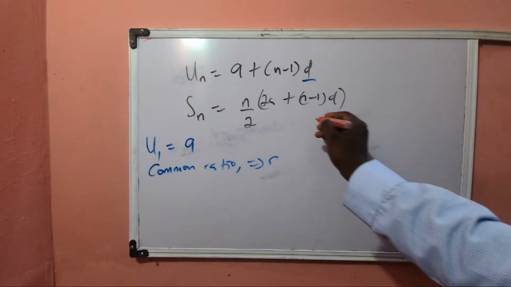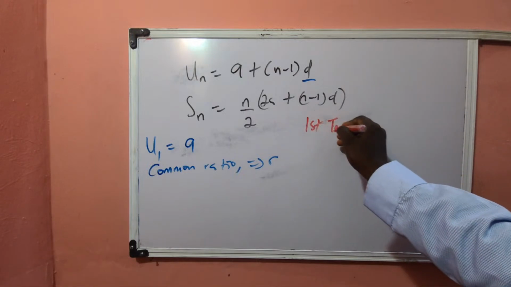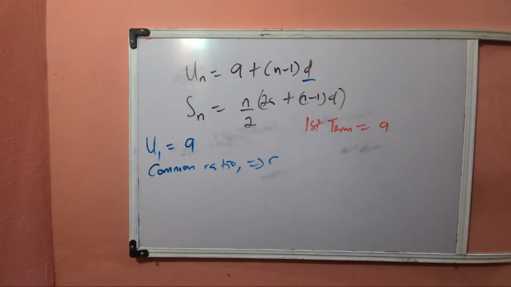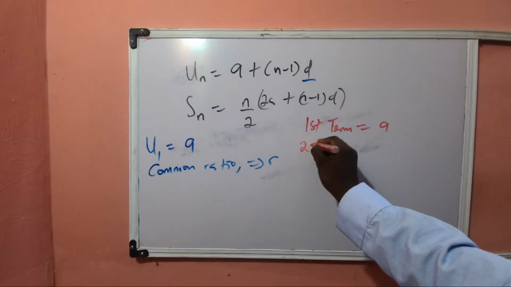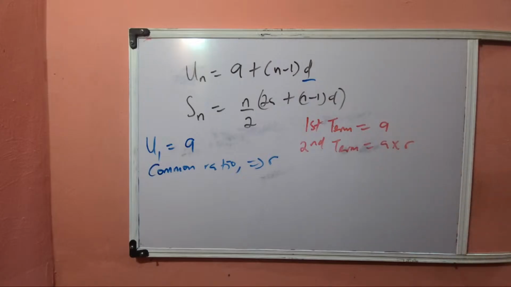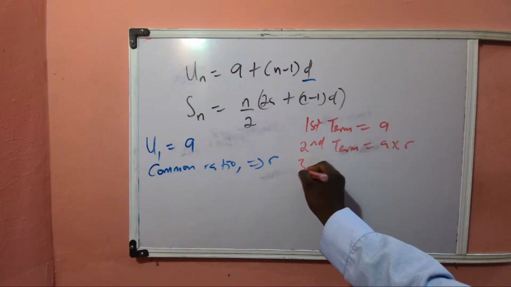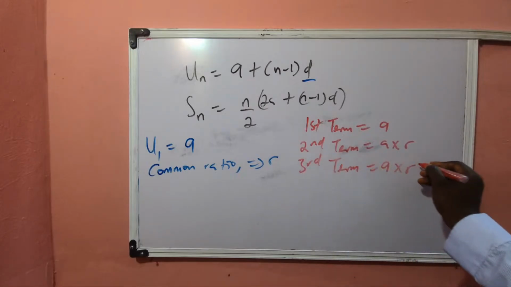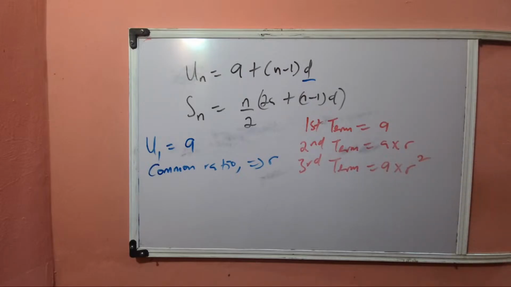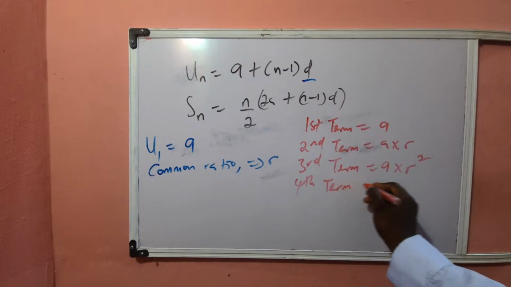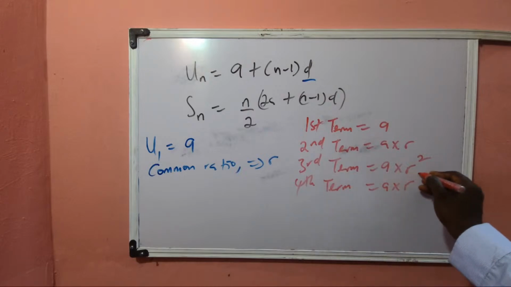For that of a GP, the very first term, as I said already, is termed A. Whereas the second term is A times R. The third term is A times R raised to power 2. And the fourth term, you can assume what that will be. That will be A times R raised to power 3.